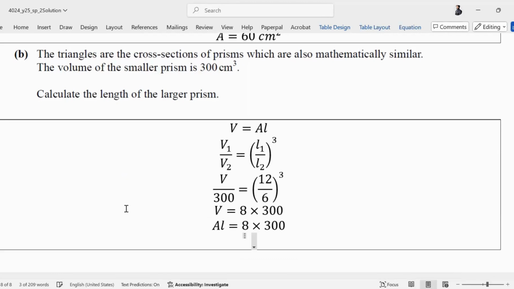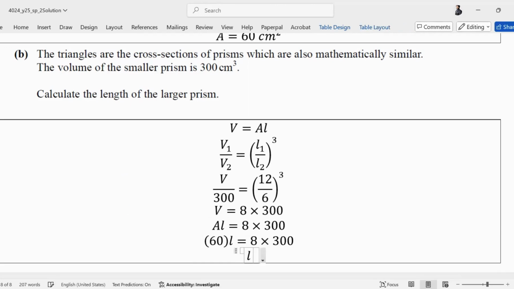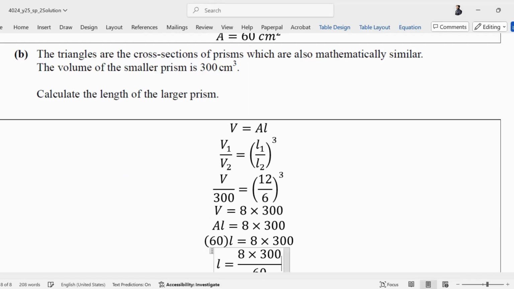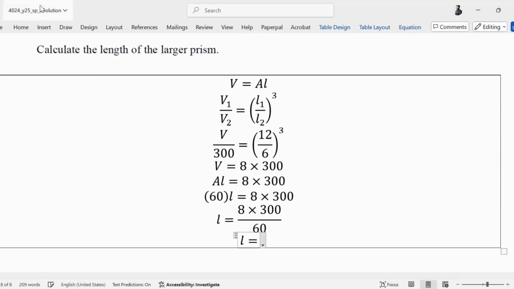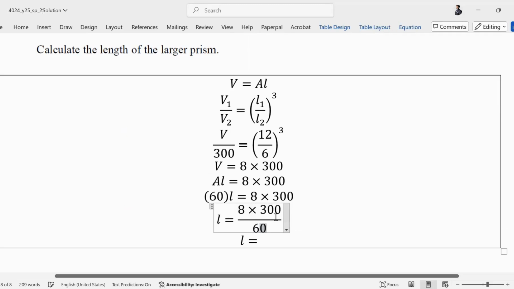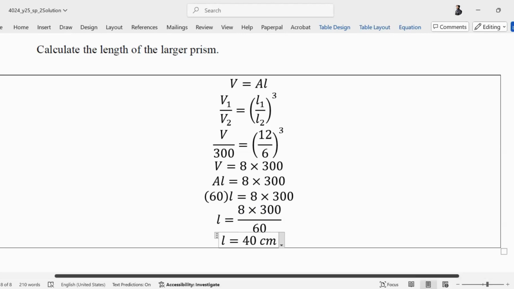The area, we figured out it is 60, and we needed to find the length. So length is 8 times 300 upon 60. This 0 and 0 cancelled out. 6 ones are 6, and 5 8s are 40. 40 centimeters is the length of the larger one.